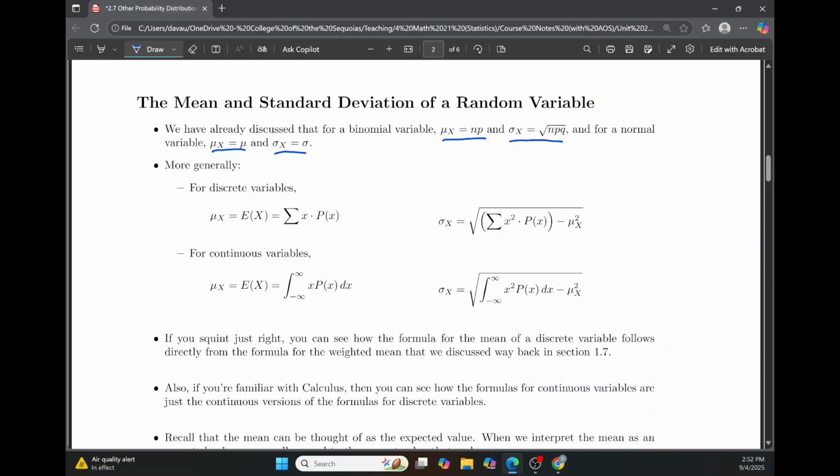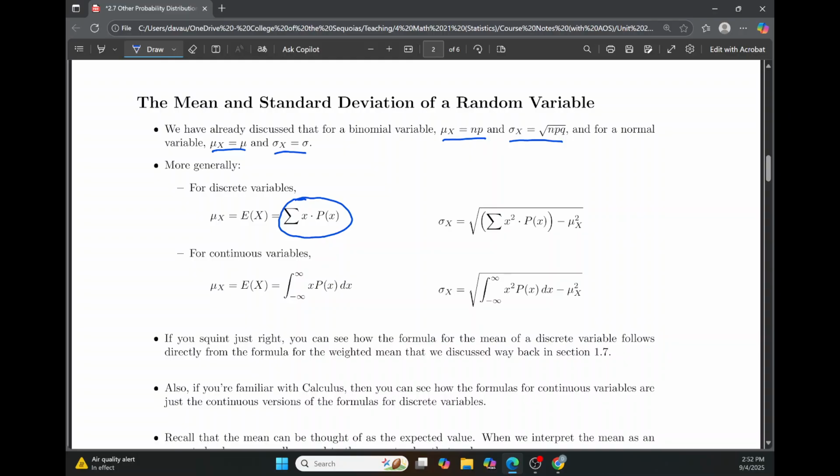To give a more general description of the mean and standard deviation of a random variable, if we have a discrete variable, then the mean is found by multiplying each possible outcome x times its corresponding probability p of x, and then adding up the results.